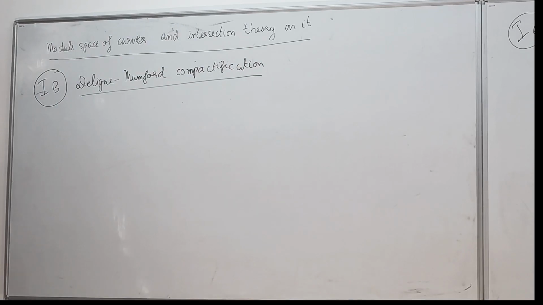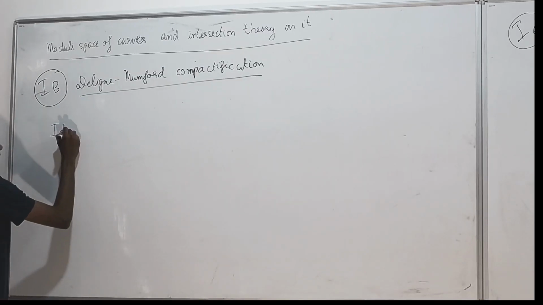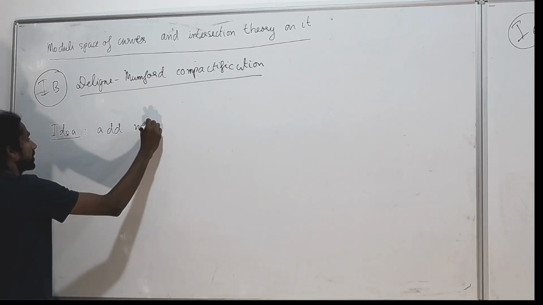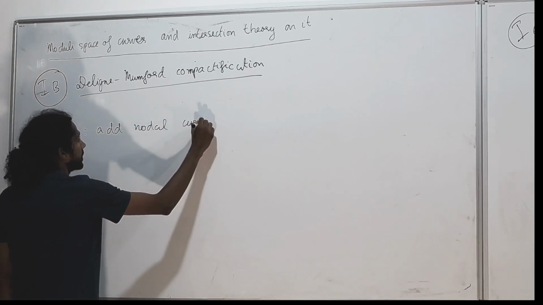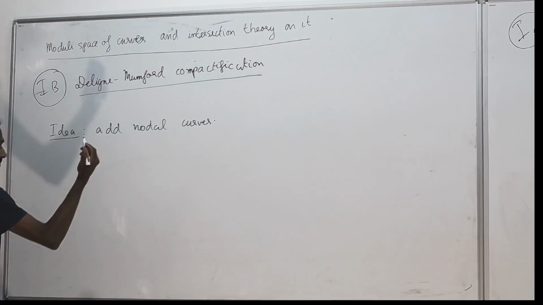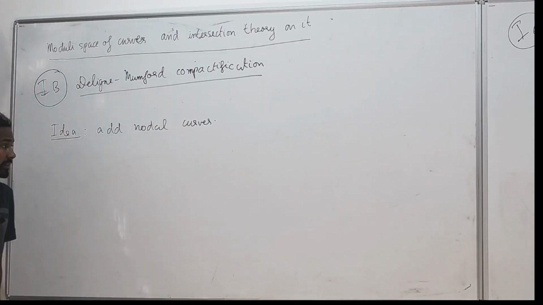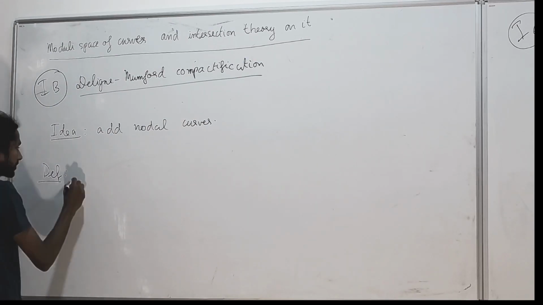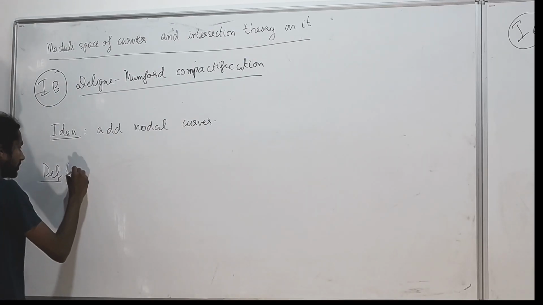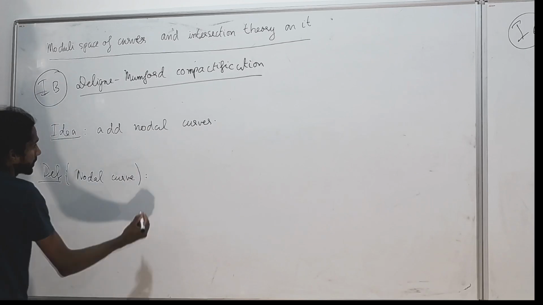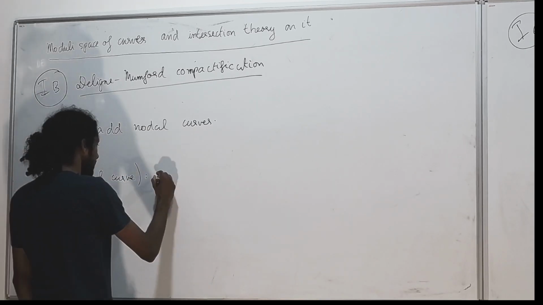So the idea is to add nodal curves. Nodes are mild singularities, so add mild singularities. Let me define a nodal curve.